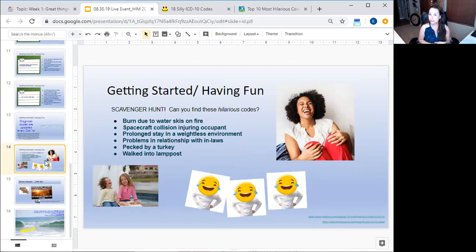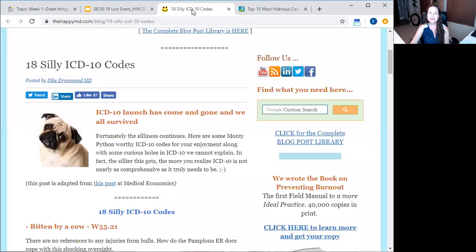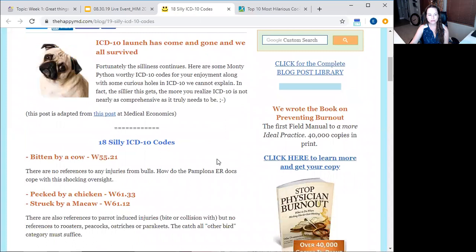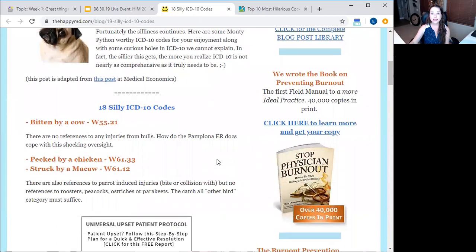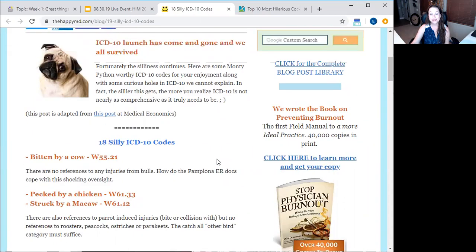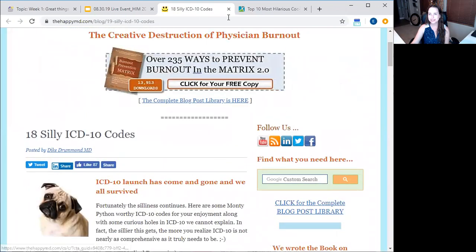Pecked by a turkey and walked into a lamppost. That's not all of them. As you can see, I have a few more links up here. Of course, we have 18 silly ICD-10 codes. So you see here, bitten by a cow, struck by a macaw. I mean, obviously, I'm actually kind of curious if anybody were to come across these. I'm dying to know what the scenario was that resulted in that injury.